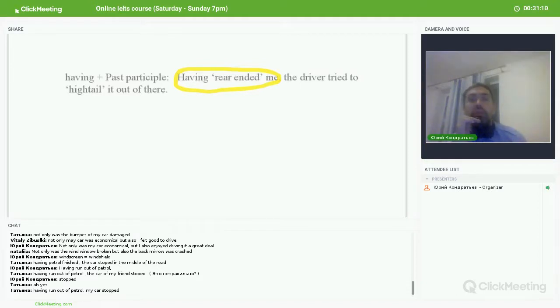Now your sentence is grammatically correct, but this construction, like having been born in St. Petersburg, I think I've spent all my life here. I've spent every day of my life in the city. So having been born, it's about me, and I have spent. It's also about me, and it's about a person. So this construction will sound more natural if you use it to talk about a person.